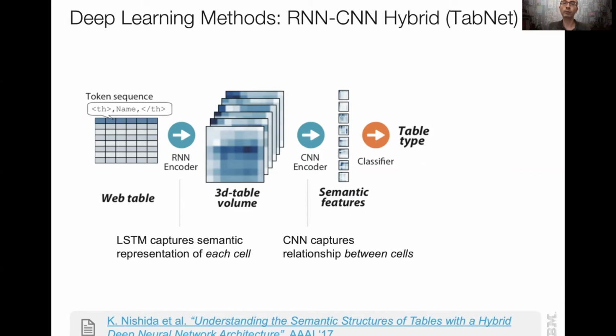However, if we look at the entire table and squint a little bit, we will see that it starts looking like an image. Based on this intuition, they used an RNN, and in particular an LSTM, to capture the semantic representation of each cell, and then they feed the output into a CNN, which captures the relationship between the individual cells.